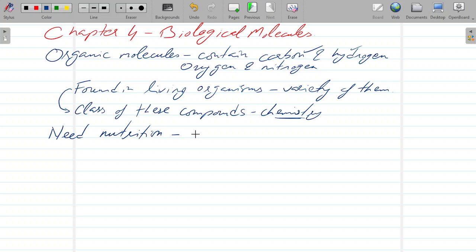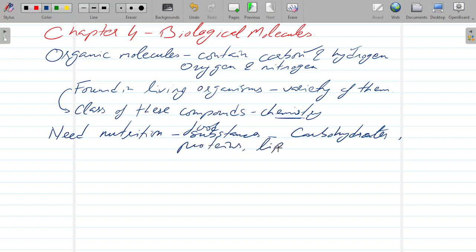And the substances that we eat, that we consider food, right, the food substances are primarily either carbohydrates, proteins, or lipids. Right? And of course, as you could guess, all three of these are examples of organic molecules.